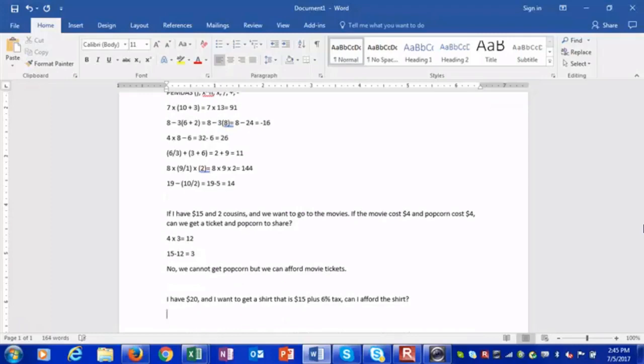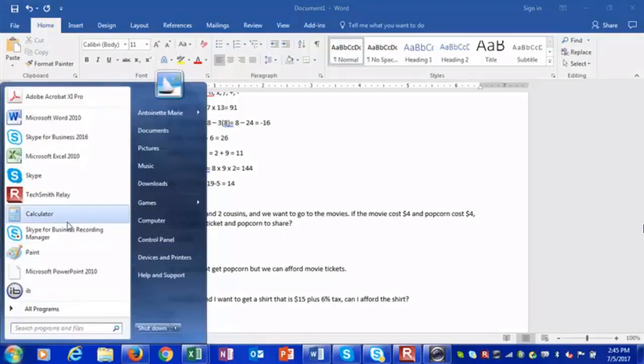Well, first of all, I have $20, but the shirt is $15 and 6% tax would take me to, let's pull up the calculator real quick, if it'll come up.